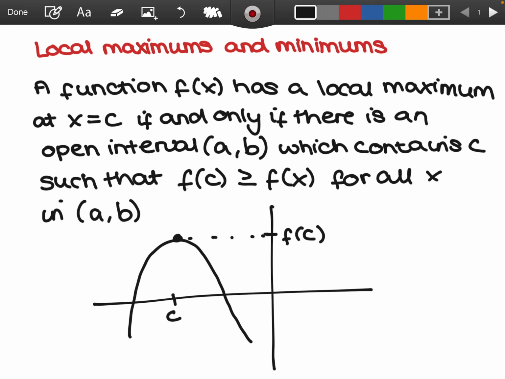A local minimum is almost the same definition, it's just that f of c is less than or equal to f of x.